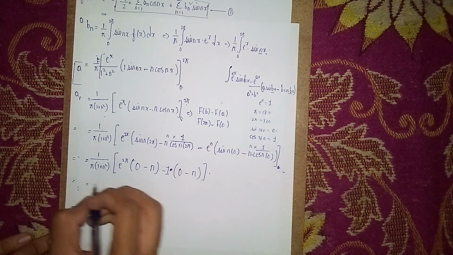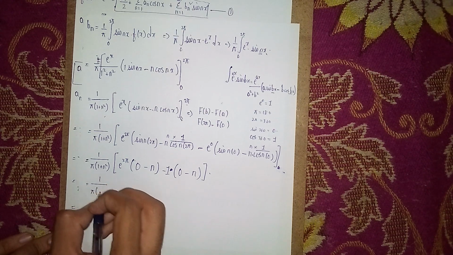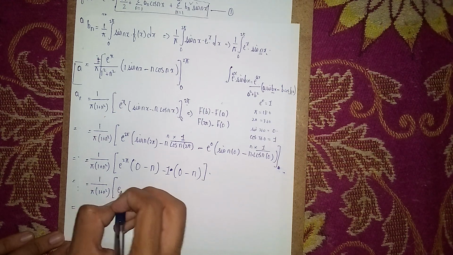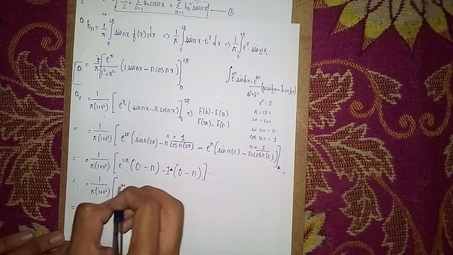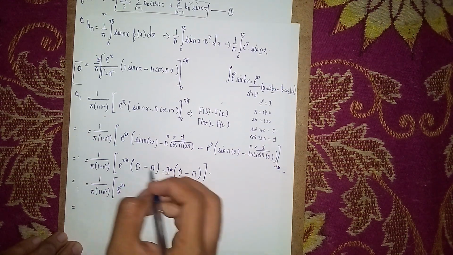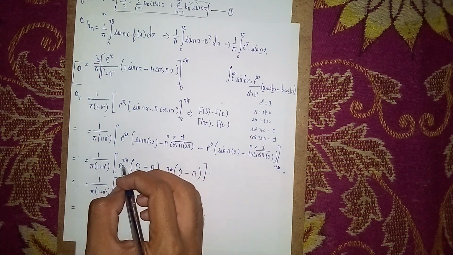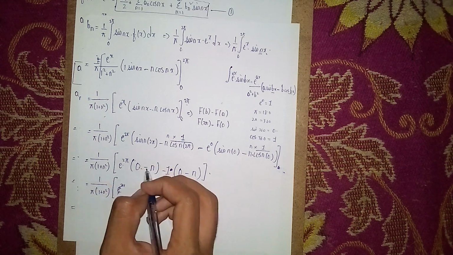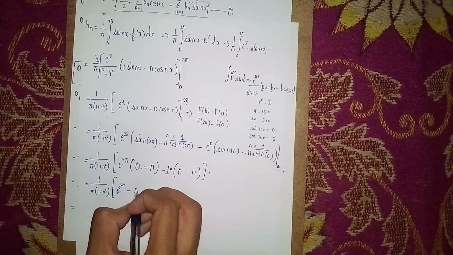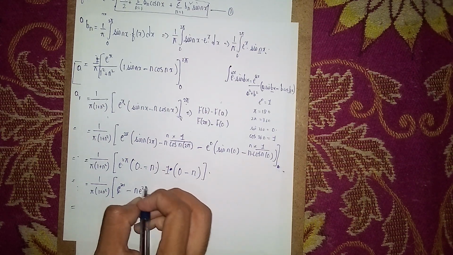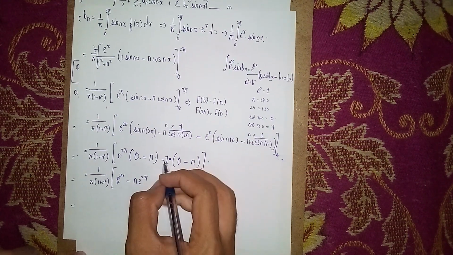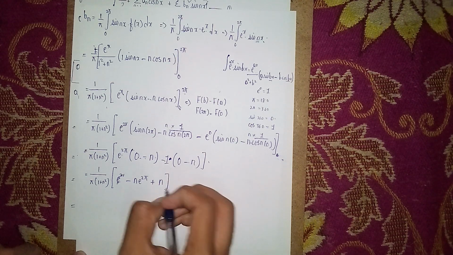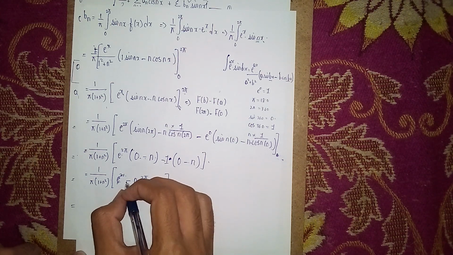Then write 1 by pi (1 plus n square), then e power 2 pi. Now 0 minus becomes nothing, so e power 2 pi into 0 is 0, e power 2 pi into minus n becomes minus n e power 2 pi, then minus into minus becomes plus n. Now take the positive term first, then the negative term.